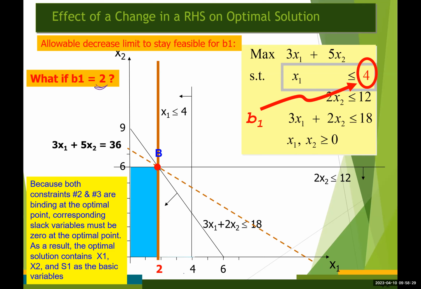The value of 2. That's the minimum value that B1 could take. If B1 becomes smaller than 2, what happens? The plant number 2 and number 3 constraints will be binding in the infeasible region.